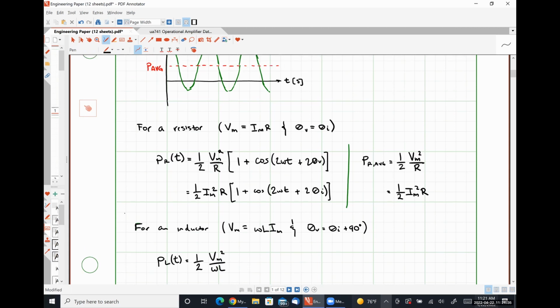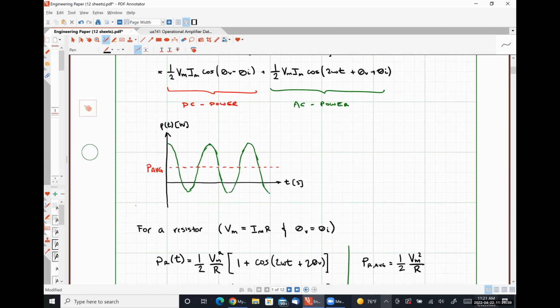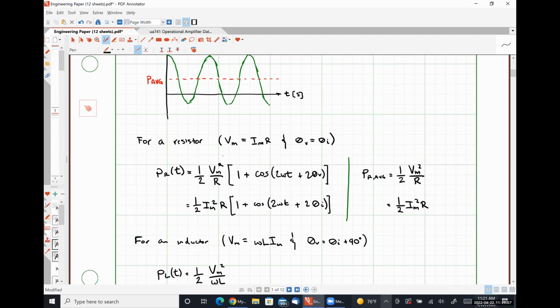Let me scroll up here real quick. So now we need to figure out what's going on with this cosine of theta V minus theta I. We know that theta I could be written as theta V minus 90 degrees.